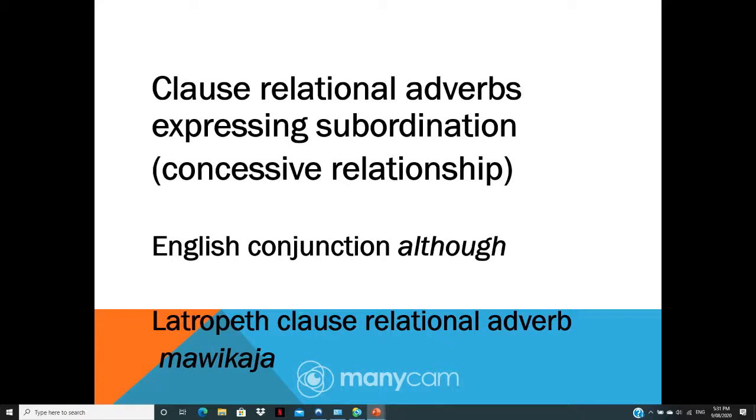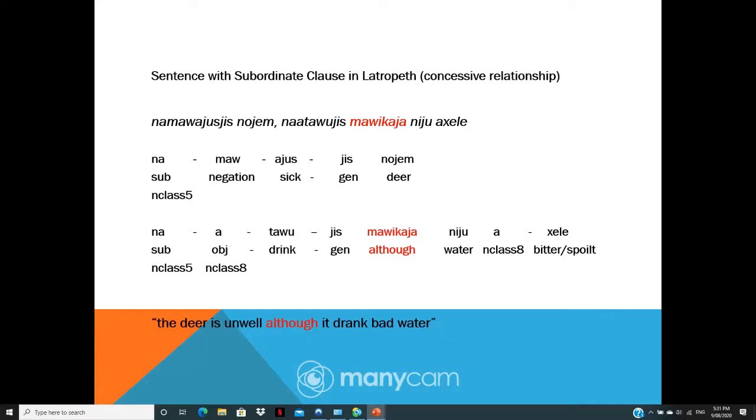Now let's look at clause relational adverbs expressing subordination, but let's look at a concessive relationship. So the example in English of the concessive subordinating conjunction is although. Latropeth has the clause relational adverb mai kaya. Okay, let's look at the Latropeth sentence. Na mawa yosis.